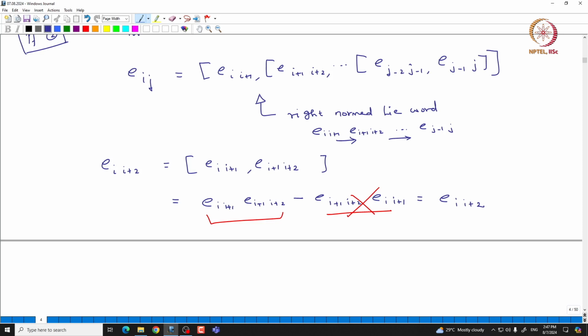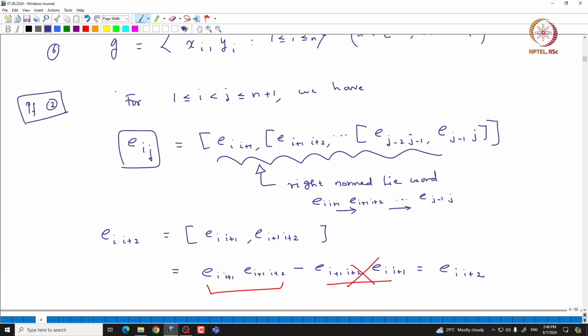Similarly, you can do the calculation and see that if you take the successive brackets of this right normed bracket using the elements E_{i,i+1} etcetera up to E_{j-1,j}, then you get E_ij. So, this proves that indeed E_ij lies inside the subalgebra generated by x1 etcetera xn.